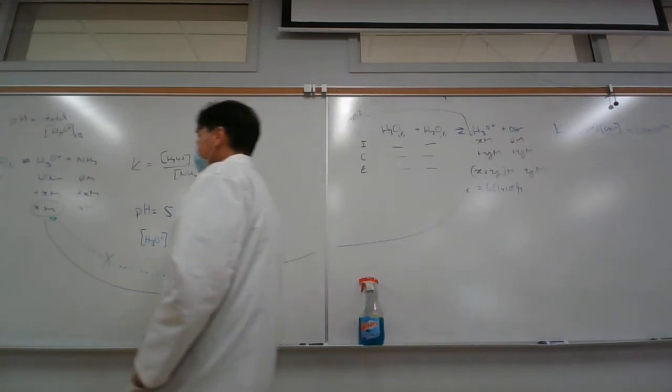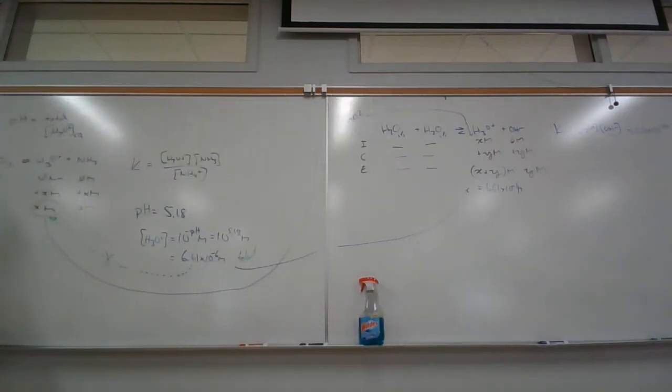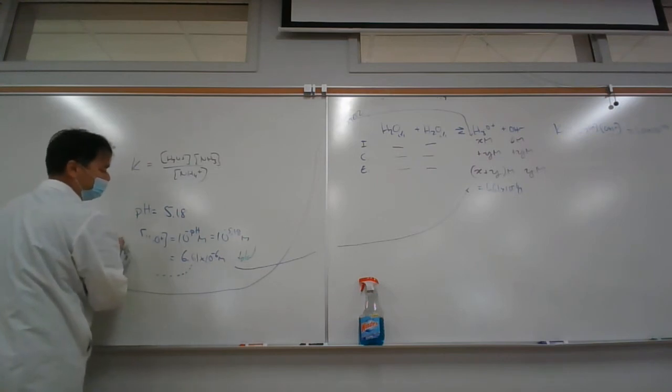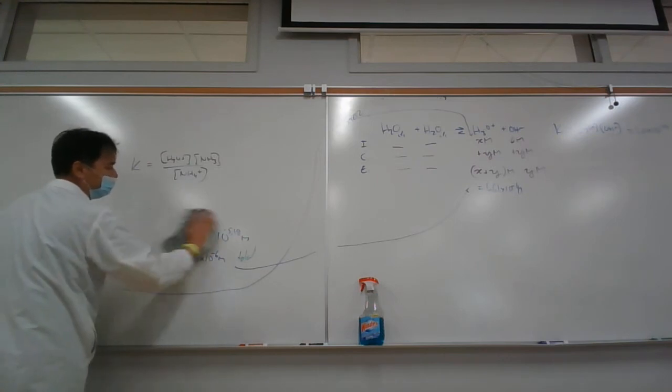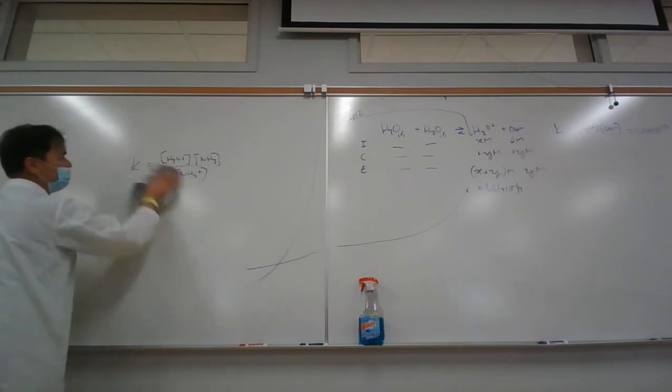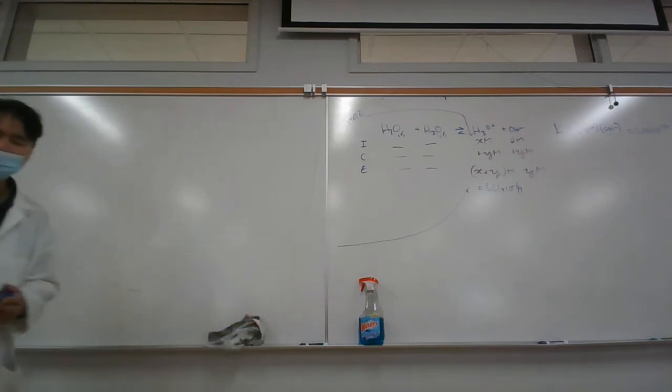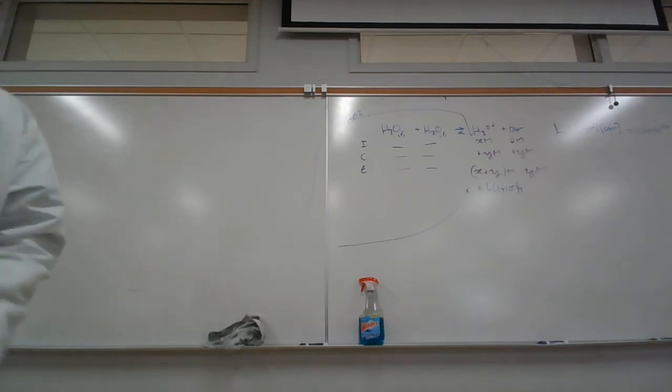You know, instead, what we'll do is we'll do a repeat of the calculation in part 2 of the lab. In part 2 of the lab, we use the K value that we generated in part 1 to calculate the pH in part 2, the stoichiometry in part 2.